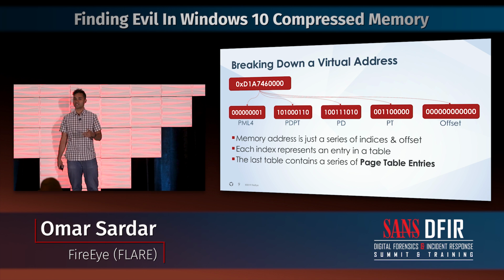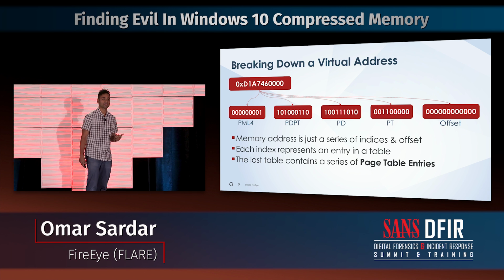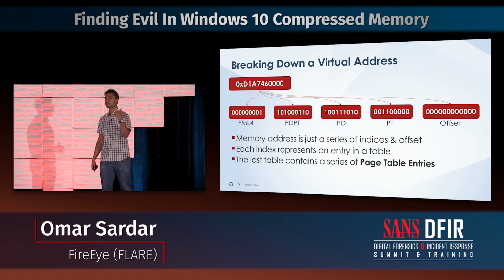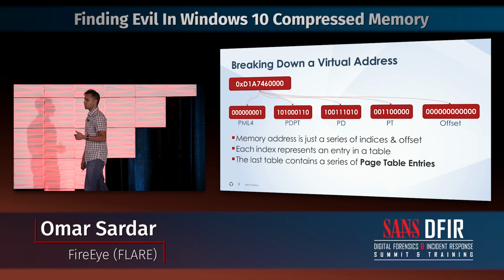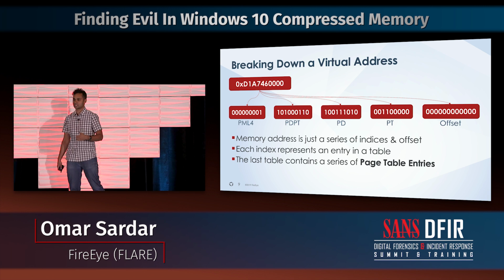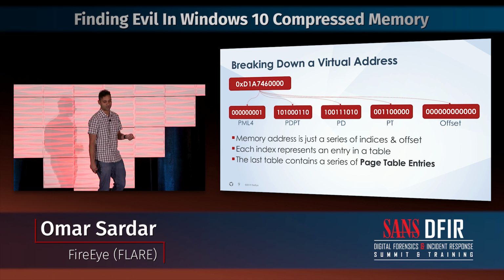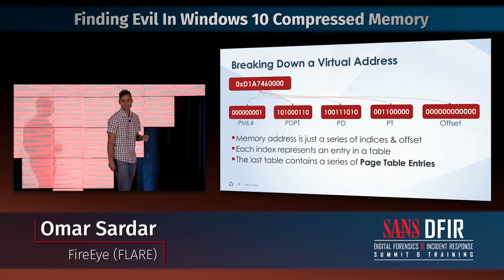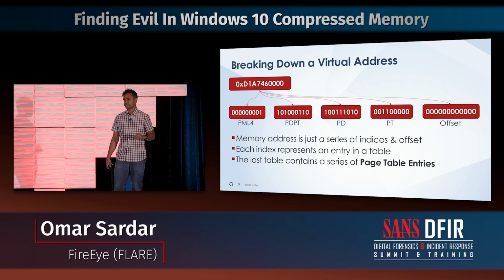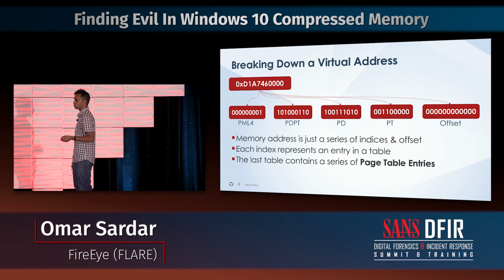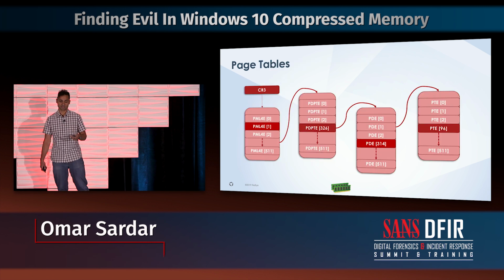That address might sound like a random number that was generated, but the reality is that you can break up any address that you get back into a series of 9-bit indices followed by a 12-bit offset. Remember, this is for 64-bit architectures. Each of those indices is used in a series of tables that we call the page tables.